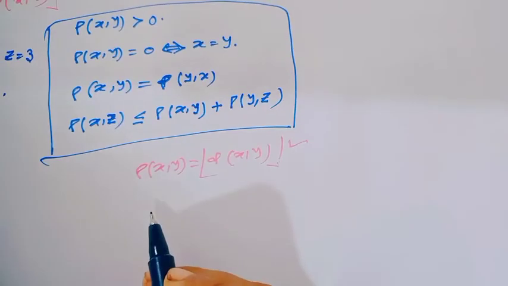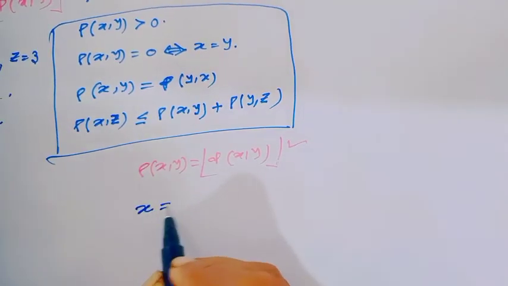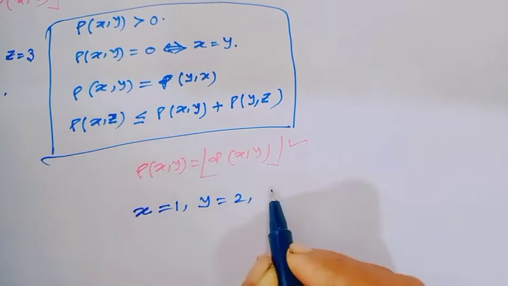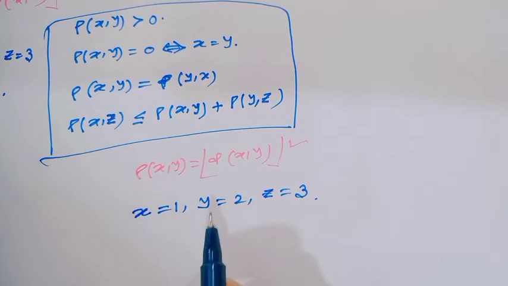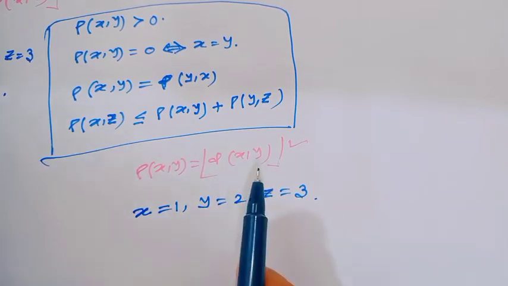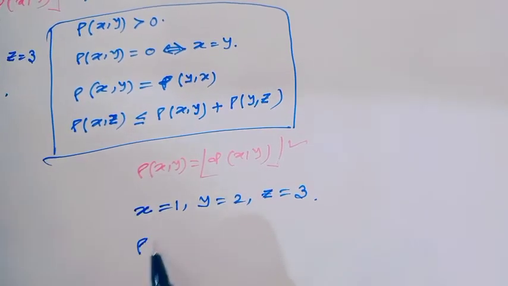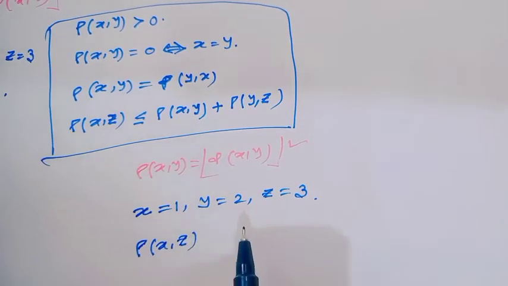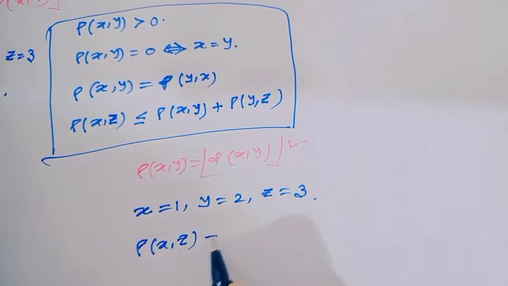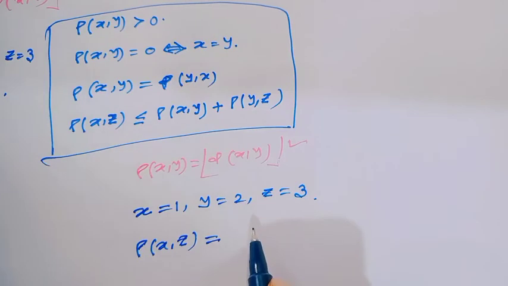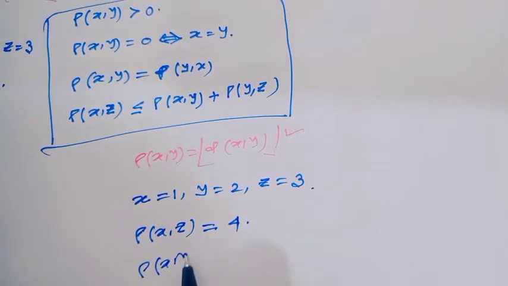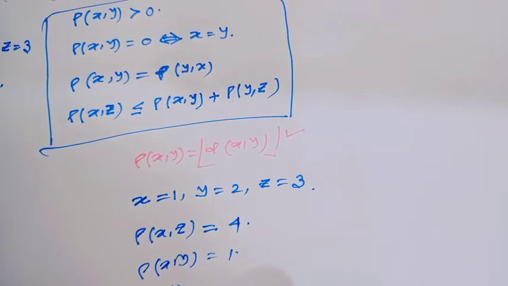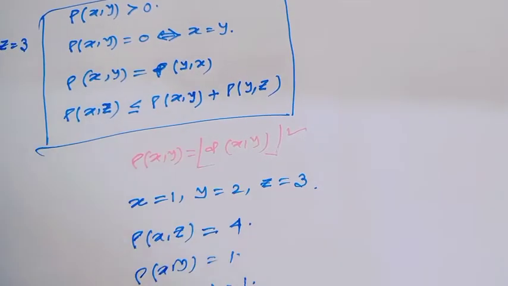For the triangle inequality, consider x equal to 1, y equal to 2 and z equal to 3. Obviously, for these points, d satisfies the triangle inequality. Then rho of xz would be d of xz whole square, that means 2 whole square, that means 4. Rho of xy would be 1 and rho of yz is 1 squared, meaning 1.